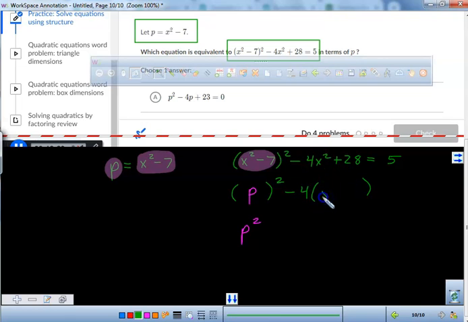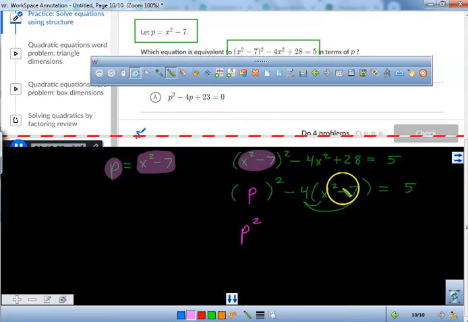Negative 4 times an x squared. But what's negative 4 times what else gets me to a positive 28? That's not just a 7, but a negative 7. And we're going to set that equal to a 5. What did I have to do? I had to factor out a negative 4 right there.